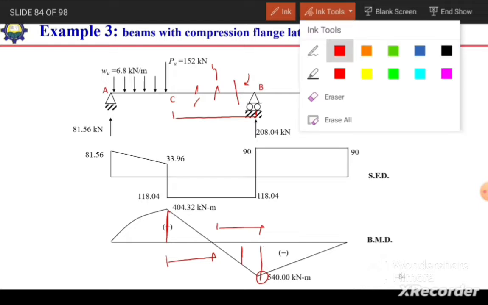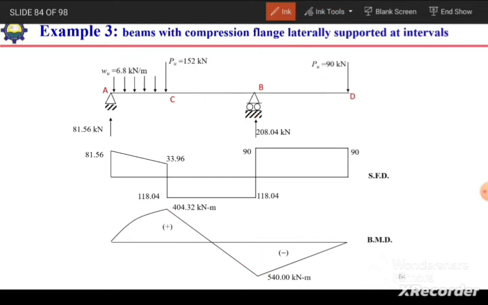Or otherwise, the simplest way is, as we know the maximum moment at this point is 540, and by subtracting the area of this shear force diagram, we can get the value of bending moment at any location.